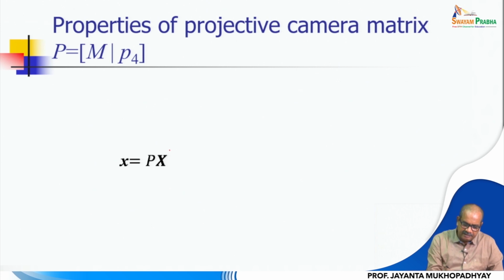Or we can say that the three-dimensional coordinate of the scene point in the homogeneous coordinate system is of dimension 4 cross 1, which can be represented as a 4 cross 1 column vector.